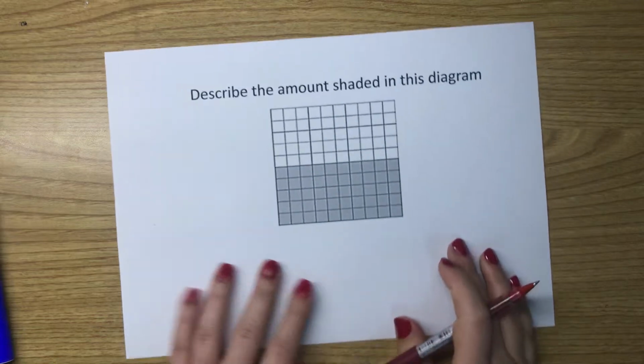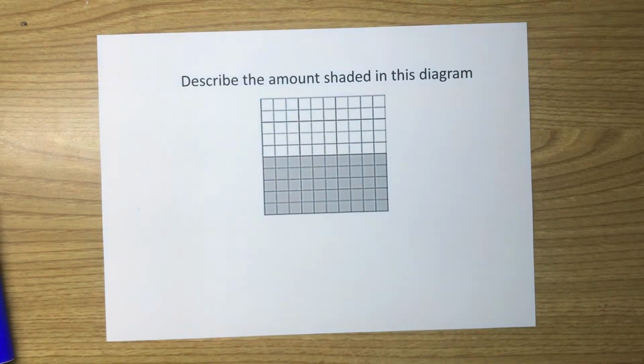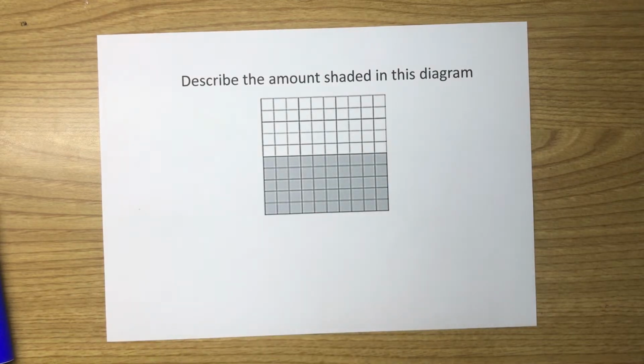I'm going to give you a moment to describe the amount shaded in this diagram. You can express it in many ways, right? I'll give you a moment so you can think about how many different ways there are to describe this amount shaded in this diagram.